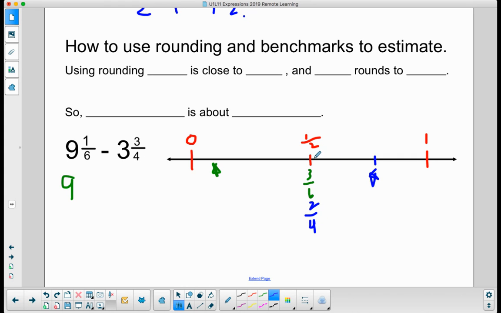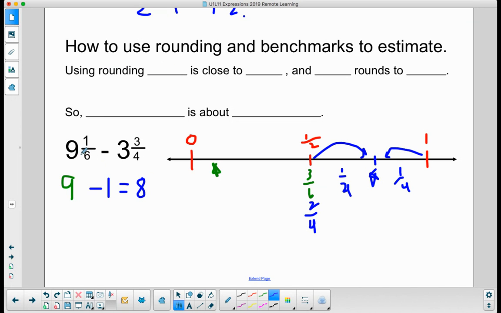So 3/4 is 1/4 from half and 1/4 from a whole. So when they're the same, we usually round up. When it's halfway, we usually round up. So we're going to say 1. So I get 9 subtract 1 is 8.